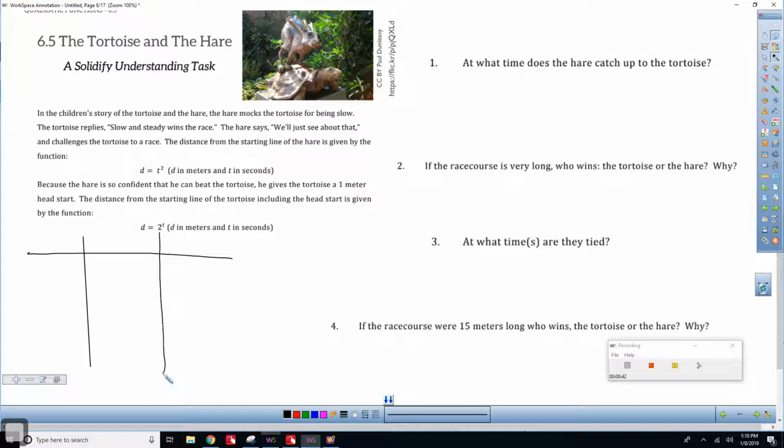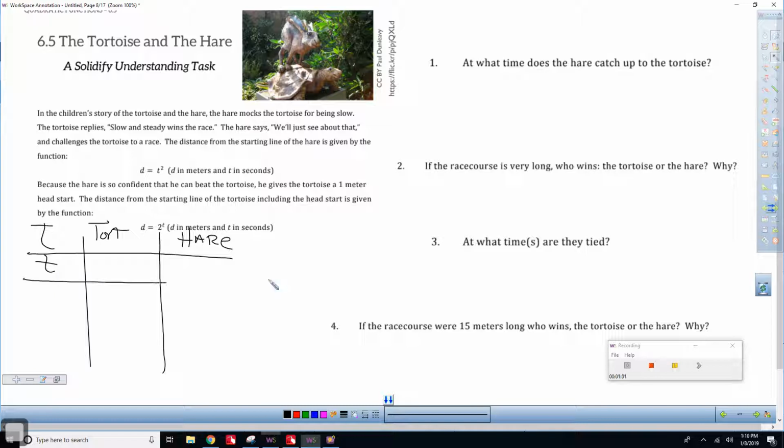So, here, let's put time, Carson. Here, let's put the tortoise. And here's the hare. Okay, now time is in t per seconds.